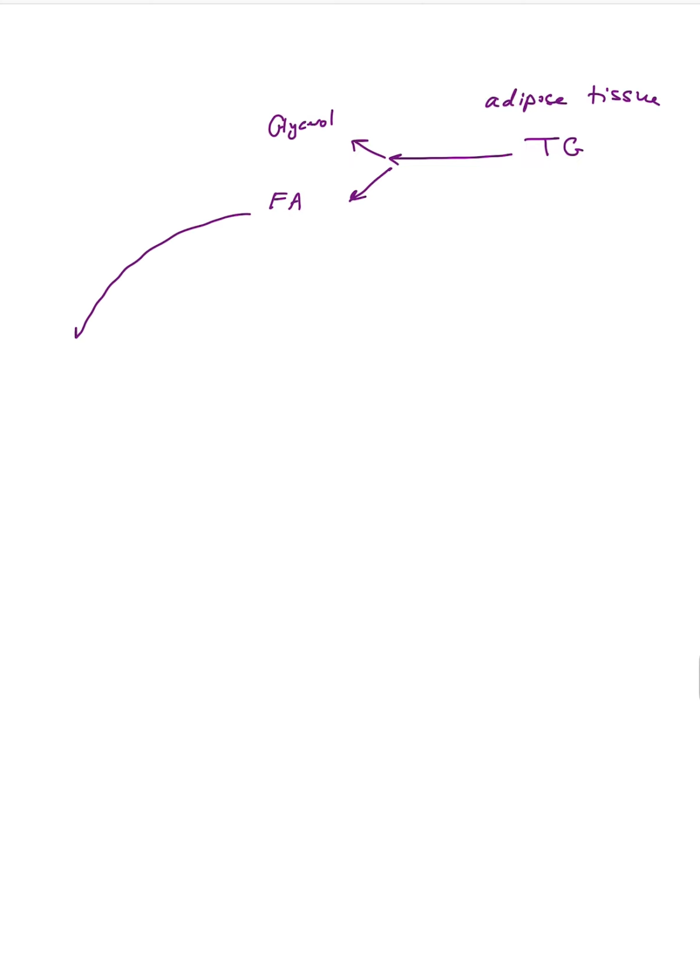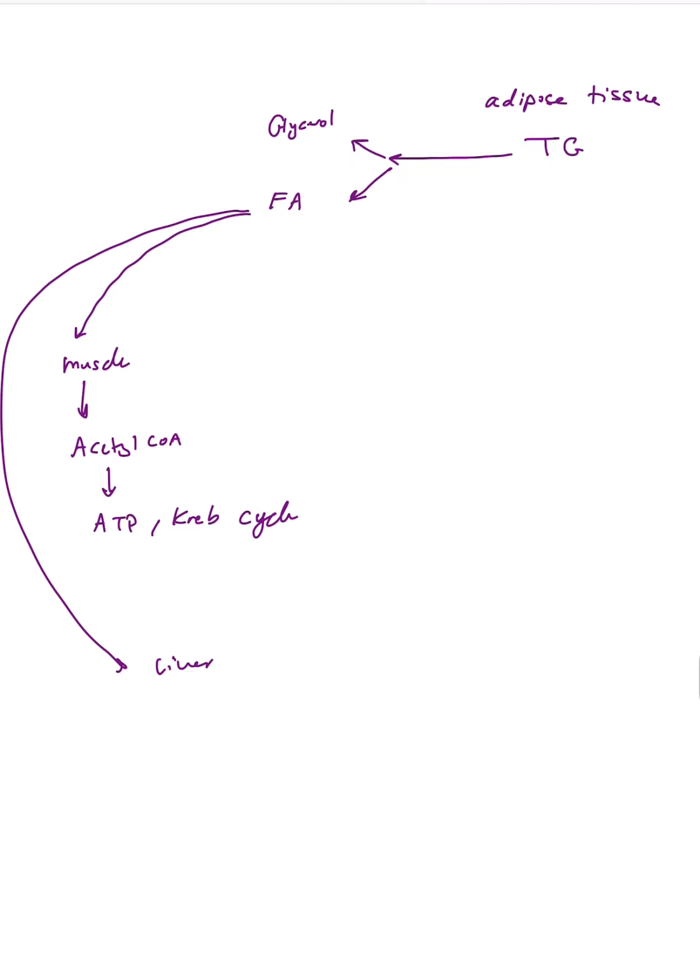Fatty acid can transfer to the muscle, be converted to acetyl coenzyme A, and form ATP in the Krebs cycle, or go to the liver for gluconeogenesis and the formation of glucose in starvation and diabetes mellitus situations.